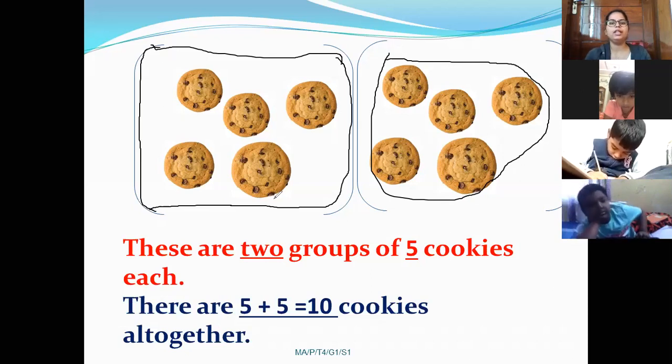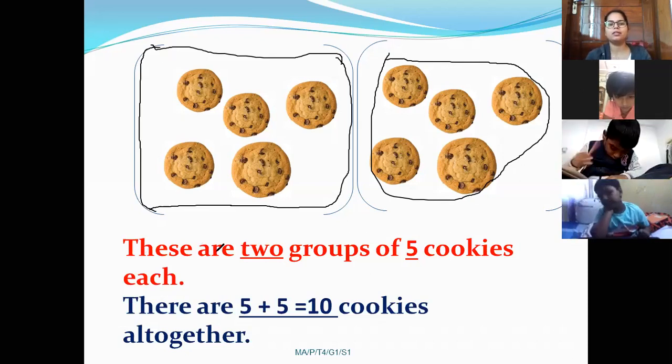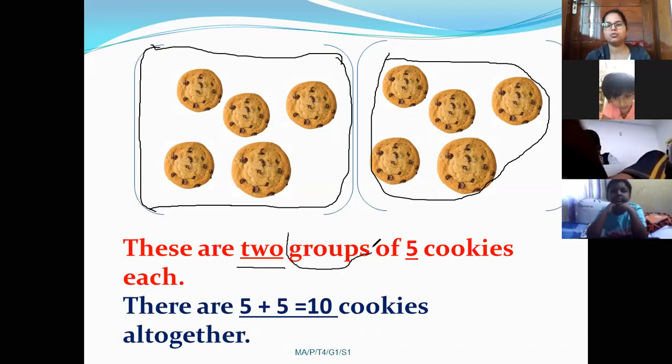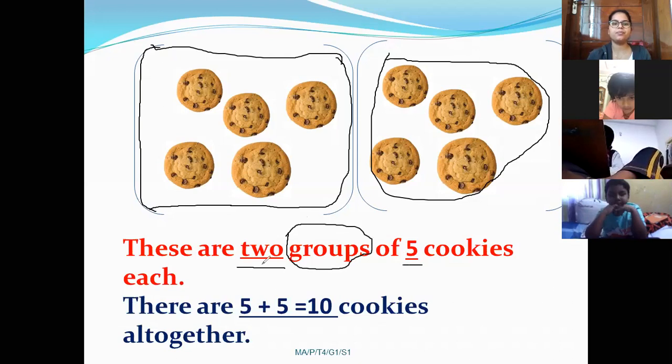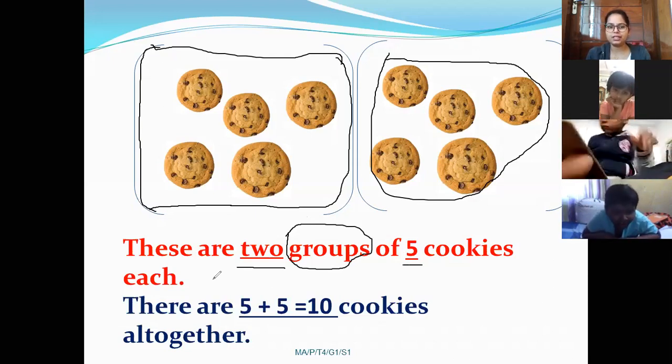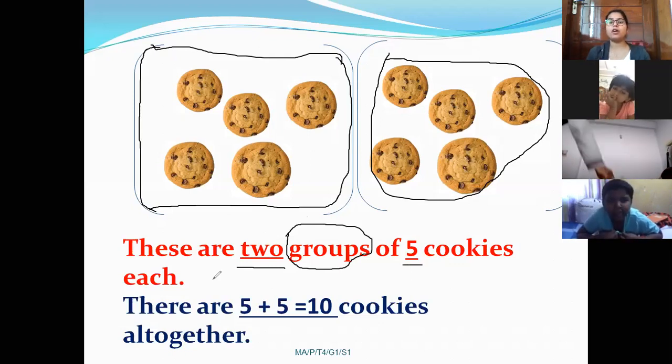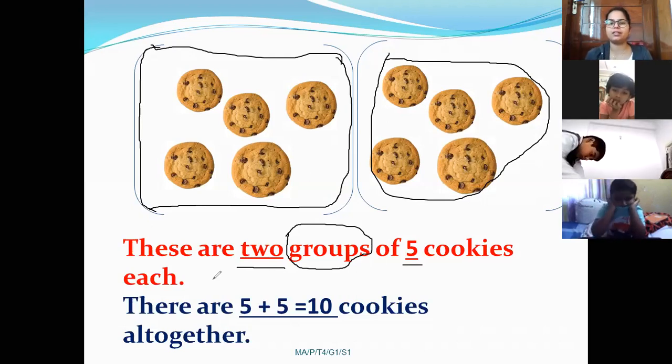So we can say, children, look at your screen, these are 2 groups of 5 cookies each. This means that we have 2 groups here, and in one group there are 5 cookies. Okay.